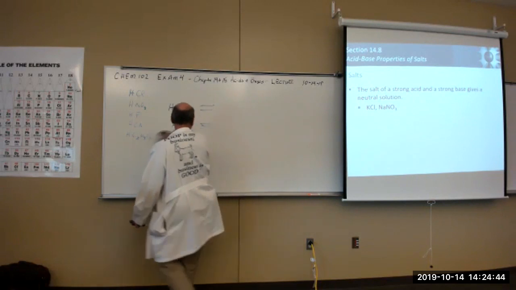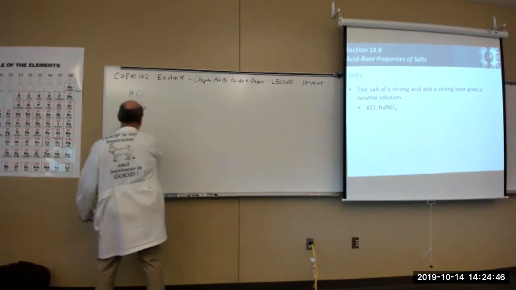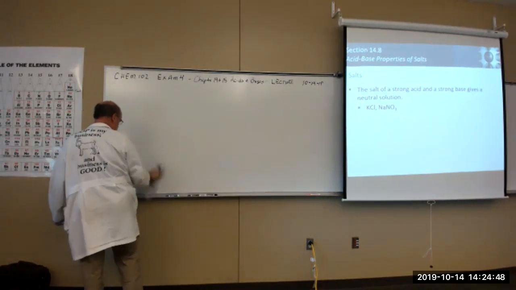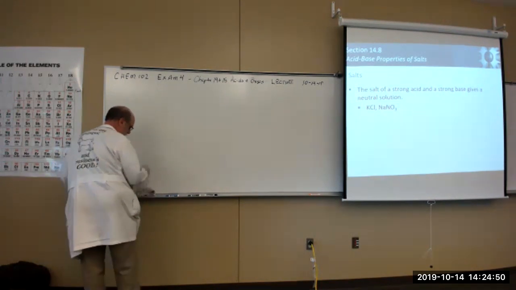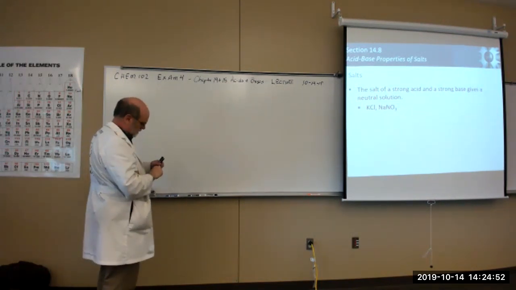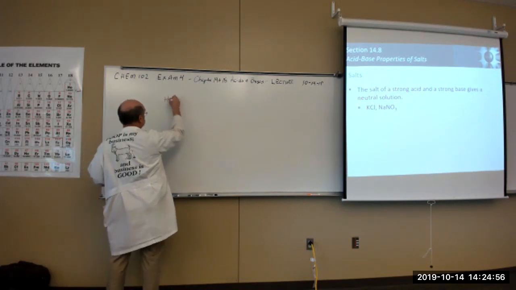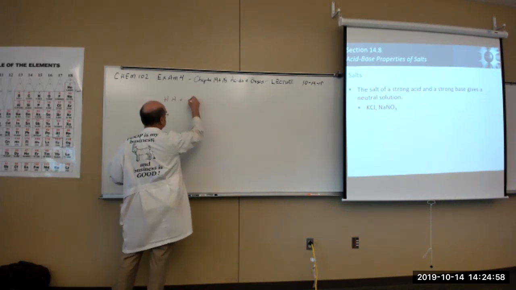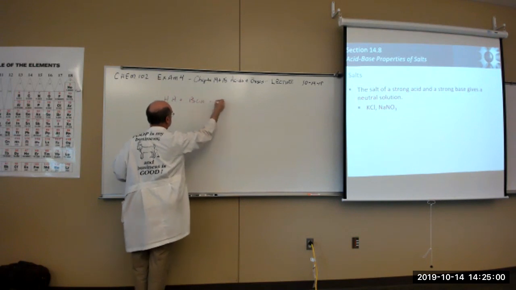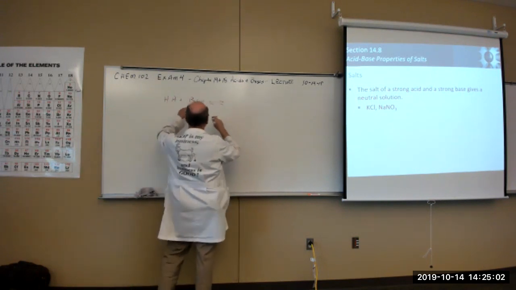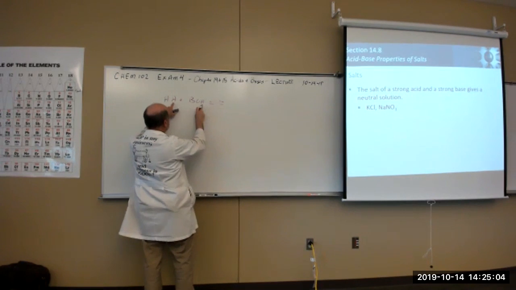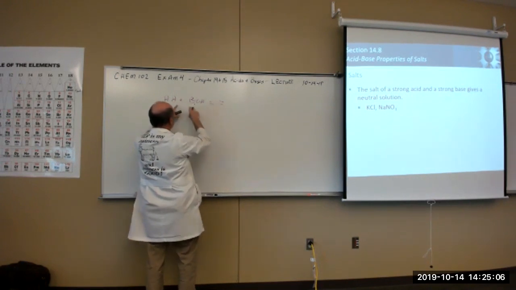Now, actually, the definition of a salt is in terms of acid-base reaction. And for most acid-base reactions, you have this one plus this one. And this is the anion, that's an anion. So they swap places.